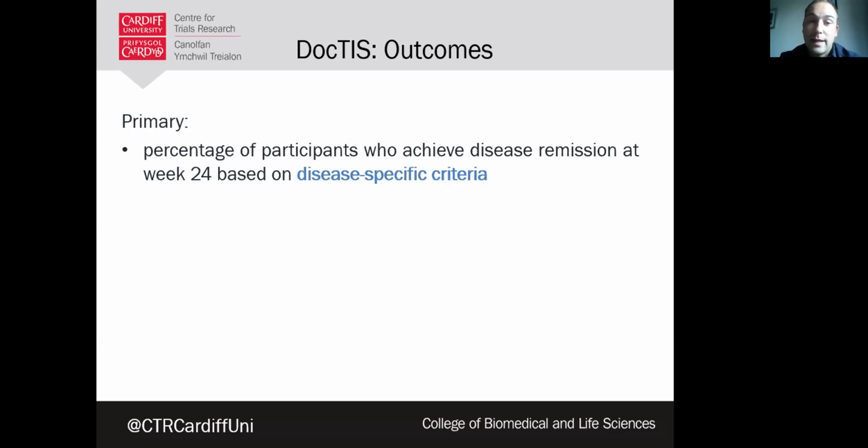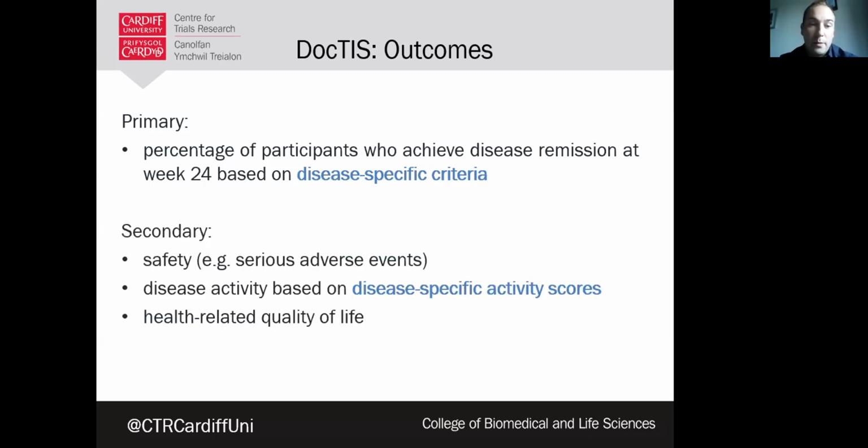So we can use disease-specific criteria for remission or improvement. We also have secondary outcomes, which will be safety, disease activity, again based on disease-specific activity scores, and generic health-related quality of life score.